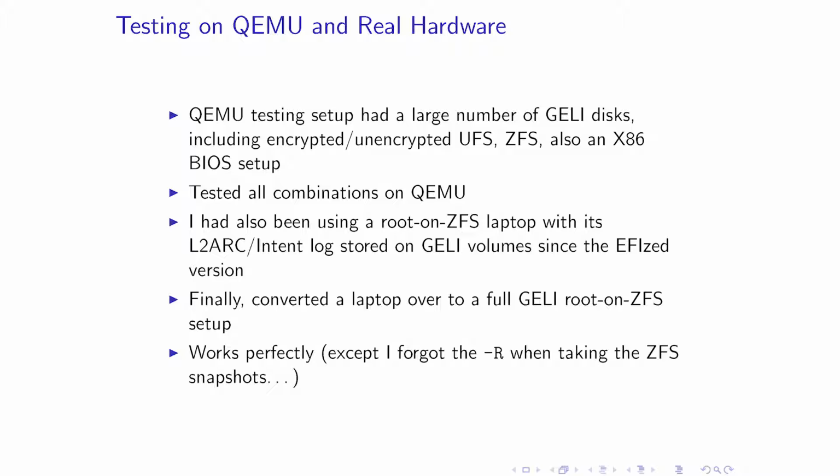I had a flash drive that I'd been using as an L2ARC cache. So I sort of went halfway and said, I'm going to GELI encrypt that. And if it bombs out, then I can still boot because I can say, don't use the cache. Just get me back to running, and then fix whatever I needed to fix.